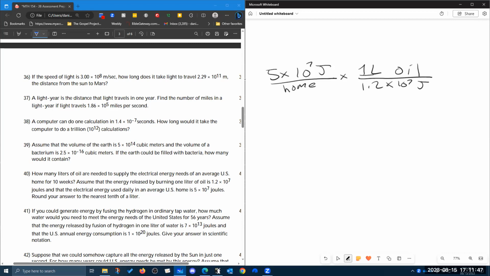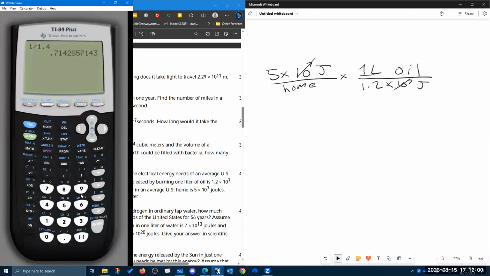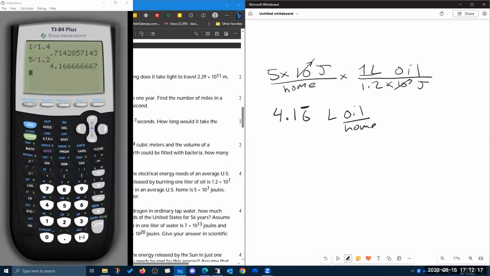And so we're going to do that division, and the 10 to the 7ths are going to cancel out there. And 5 divided by 1.2 is going to be a number a little bit smaller than 5, and it's going to be 4.16 repeating liters of oil per home.